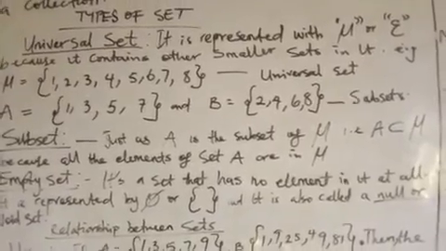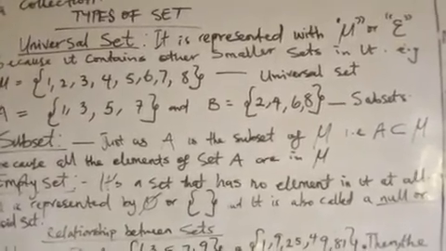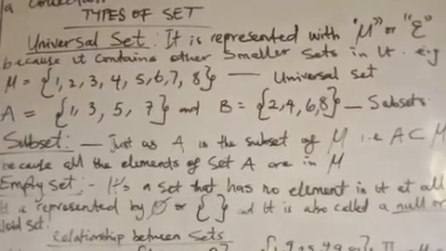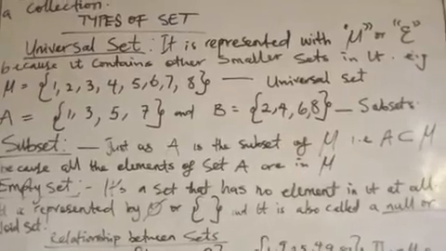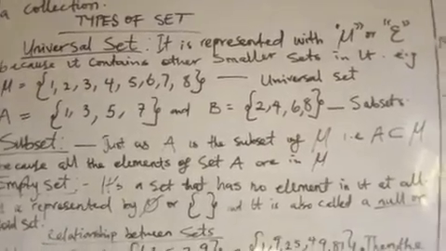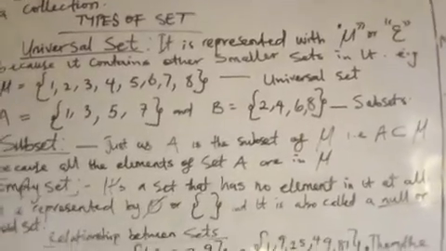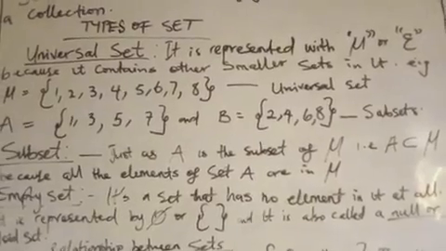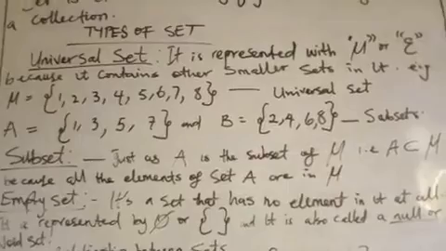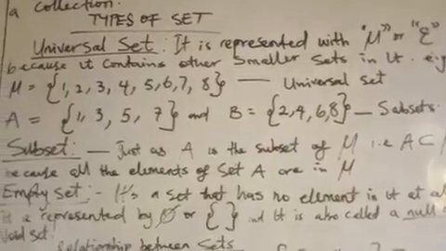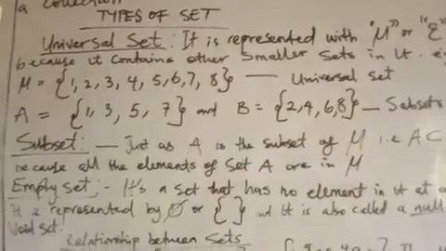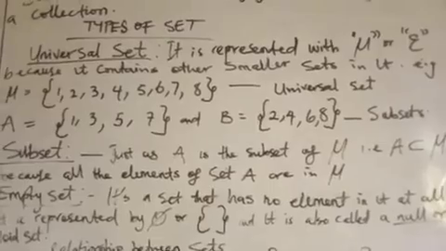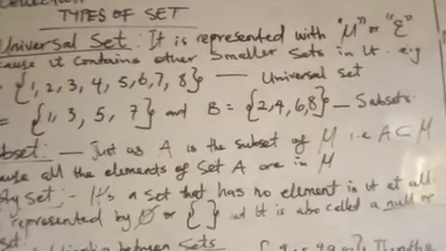It is represented with a Greek letter. When you see a universal set represented with that letter, then you know that it contains other smaller sets in that classification or in that category.